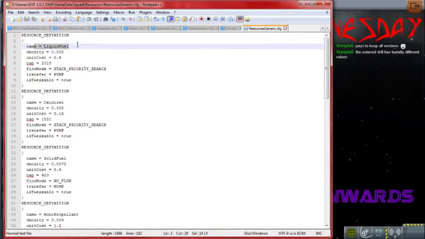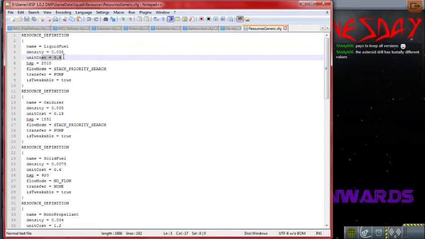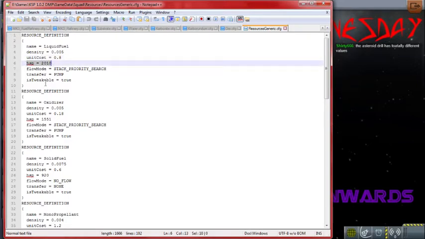Name, liquid fuel. That's just giving a name to the resource. Density, this is basically its density, how much weight within a given area. Unit cost, that is the number of Kerbal dollars per unit. HSP is a new value that I haven't come across.